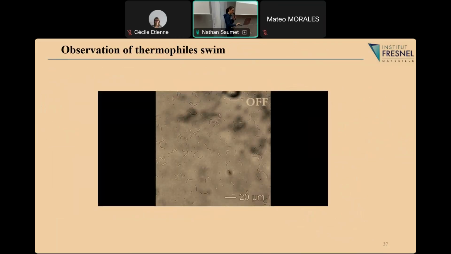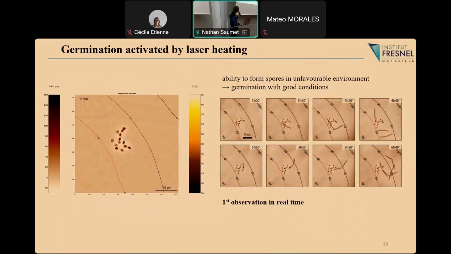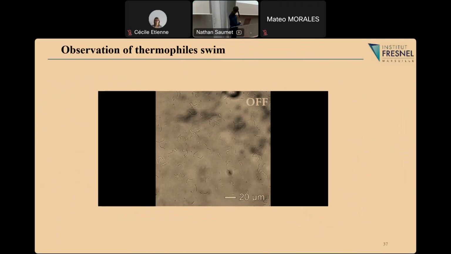So here I have another movie of the cells, because Geobacillus stearothermophilus is also able to swim. So here the laser is turned off, so nothing is moving on the images.